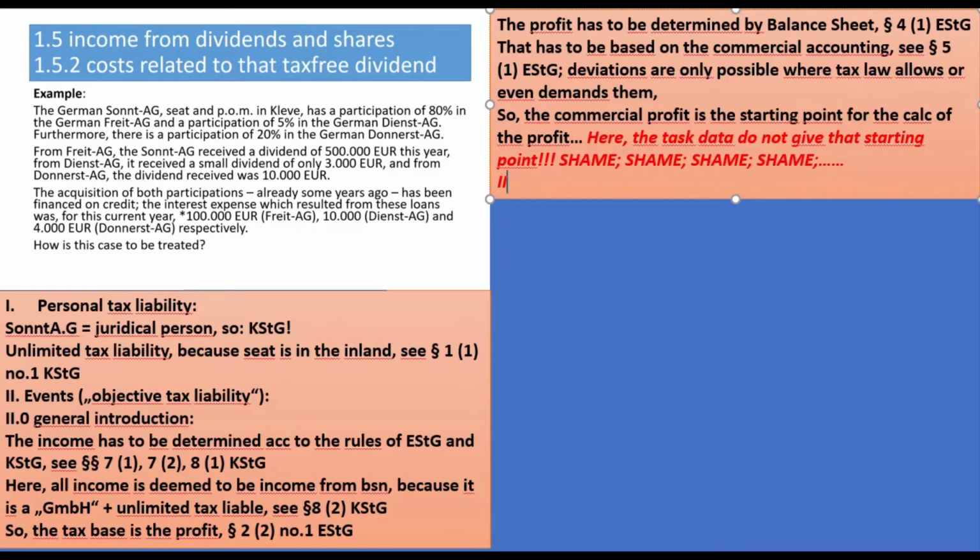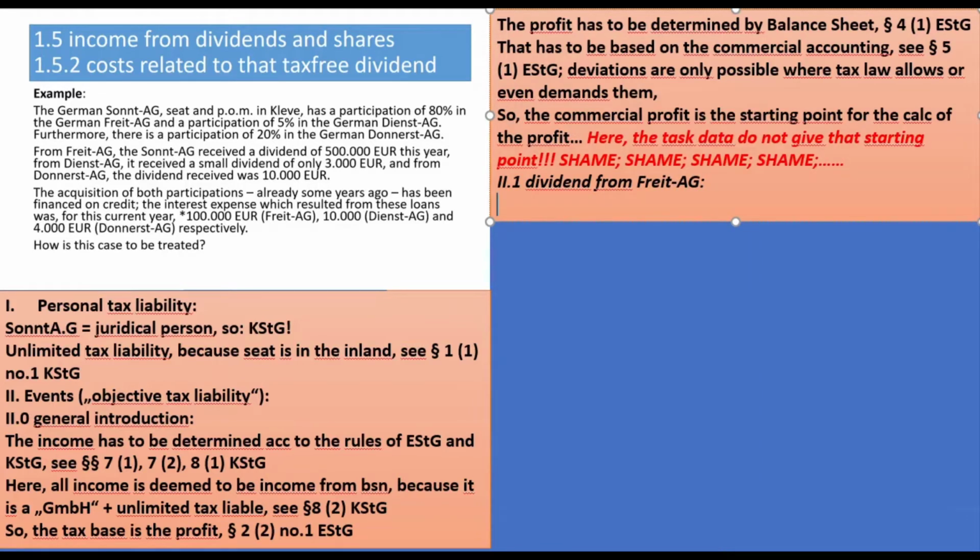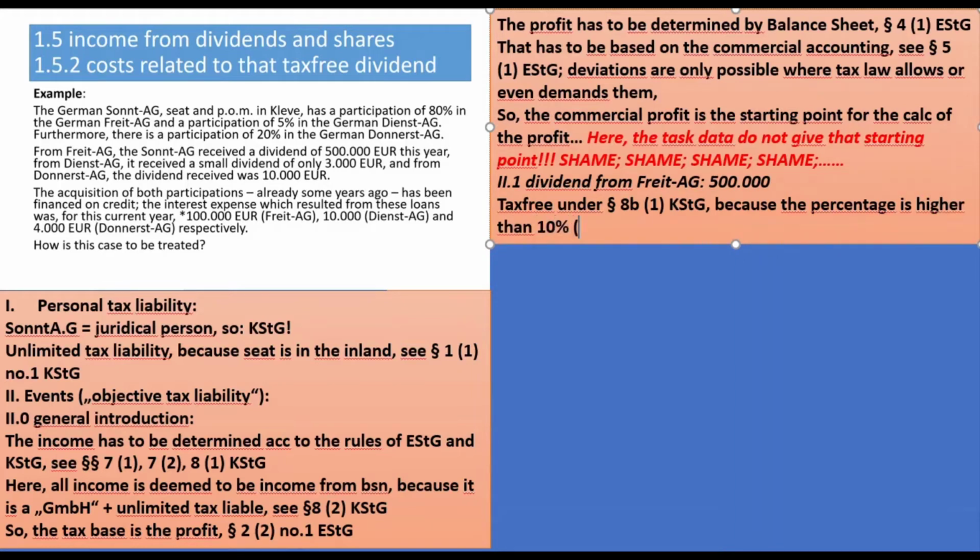So let's look at the first event here. 2.1. We have the dividend from Freit AG. That's 500,000. That's tax-free under paragraph 8b1, because the percentage is higher than 10%.